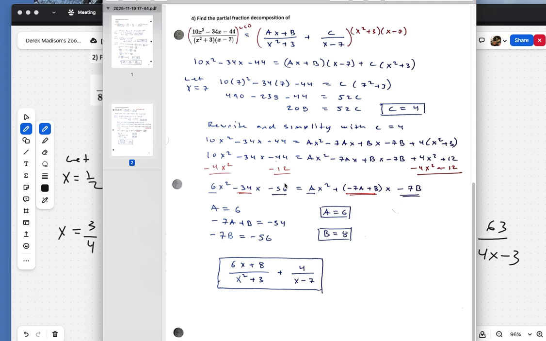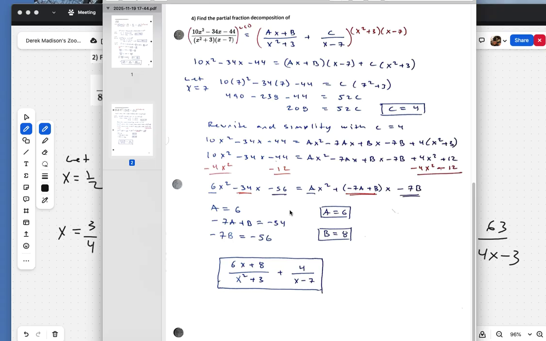So 6x squared has to match the ax squared, which means 6 equals a, which I have right there. Negative 34, it's in front of the x, so that has to match with this one. So I would have minus 7a plus b would equal minus 34. And then here, minus 56 has to equal the constant term, which is minus 7b. So that's what we have right there.